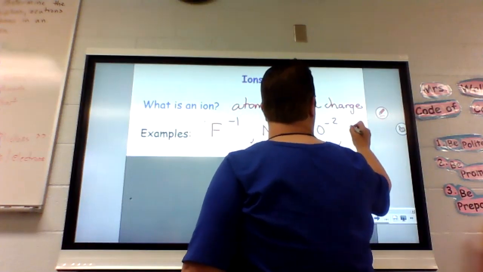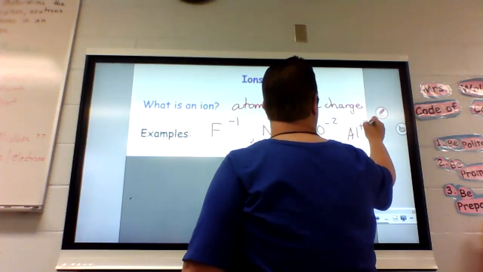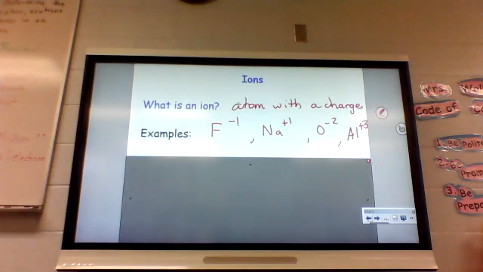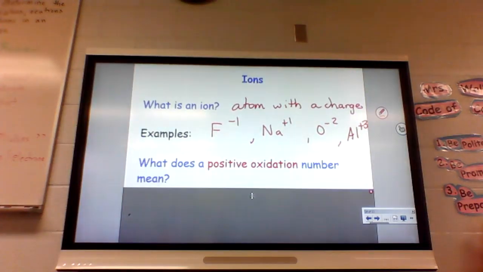Okay, those would all be ions. So the question becomes, what makes it different if it has a charge? Well, something's not going to be equal. What's not going to be equal? The protons or electrons. Yes, that's what's going to be different.